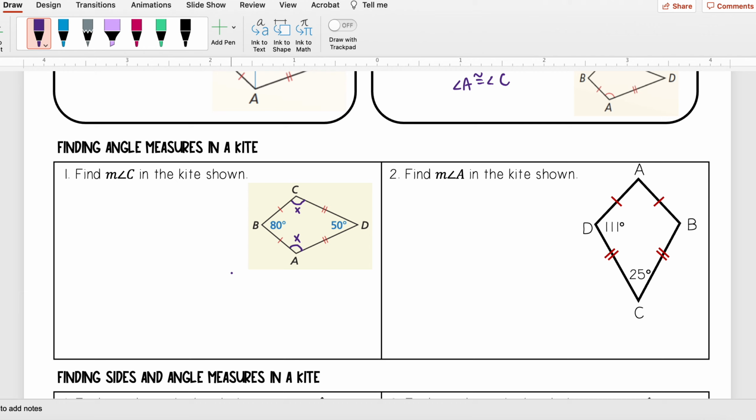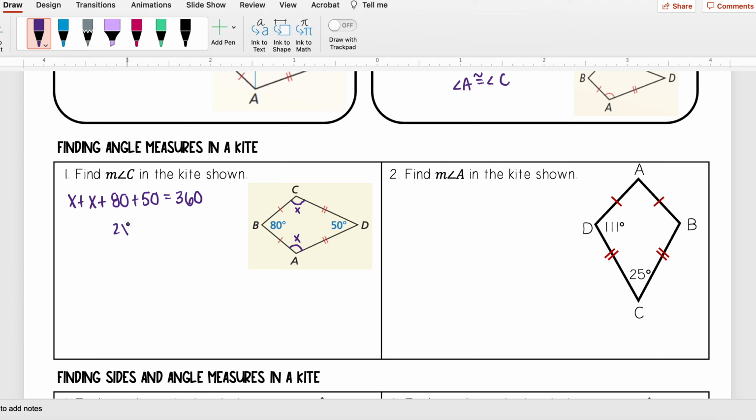And now I'm going to use what I know about quadrilaterals and the sum of their interior angles. I know the sum of the interior angles of a quadrilateral, so that means also for a kite, is 360. And so to find what measure of angle C is, I'm going to add all of these angles up. So I have x plus x plus 80 plus 50 and set it equal to 360.